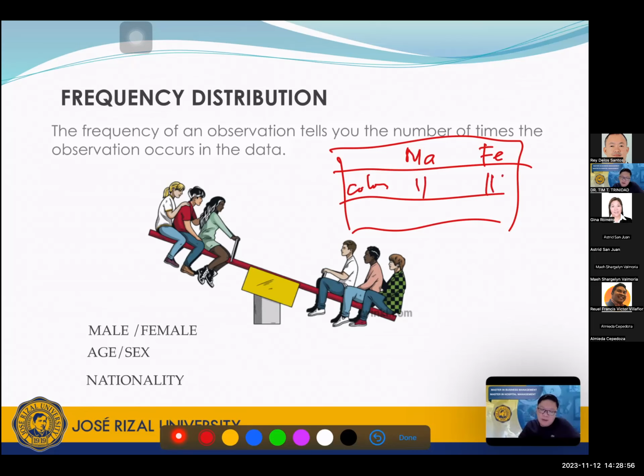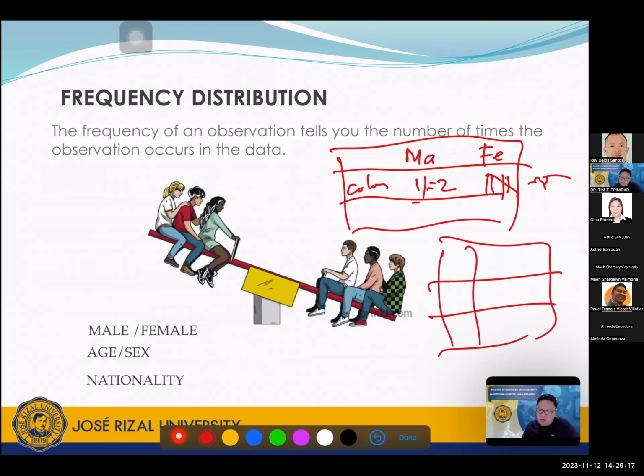Ang female, kunyari, 5. So this is how you're going to distribute this data. So that's why it's called frequency distribution. Okay. You get the idea or the principle of doing a frequency distribution. You just have to present them in the table and then you count. You distribute them. So student 1, student 2, student 3, and then.